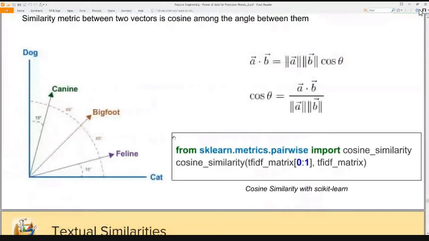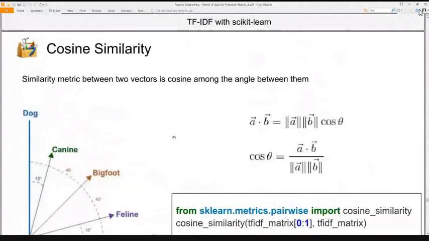Cosine similarity. It's used in developing chatbots. So when we're developing a chatbot, we vectorize our words, and then we map my frequently asked questions in.